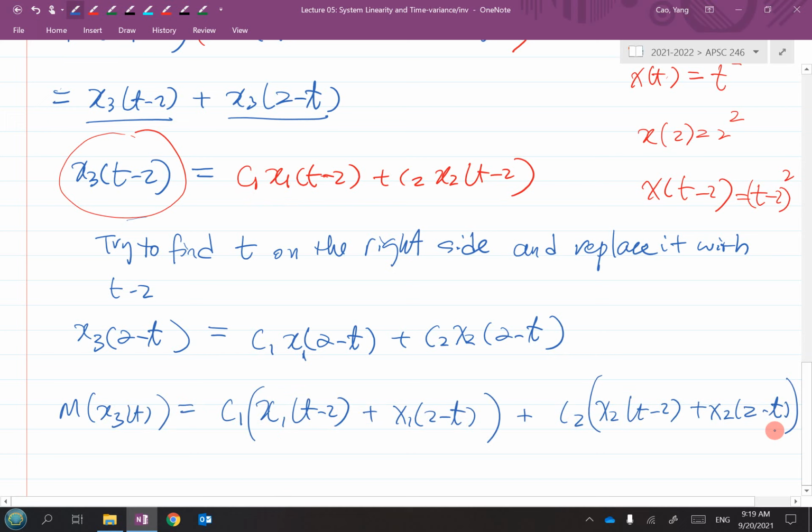Yes. Sorry, the question. Like for the bracket, you just put C1, X1, and inside the bracket, like T minus 2 plus 2... Can you take out X1 and X2? Put them beside the C1 and C2 outside the bracket.